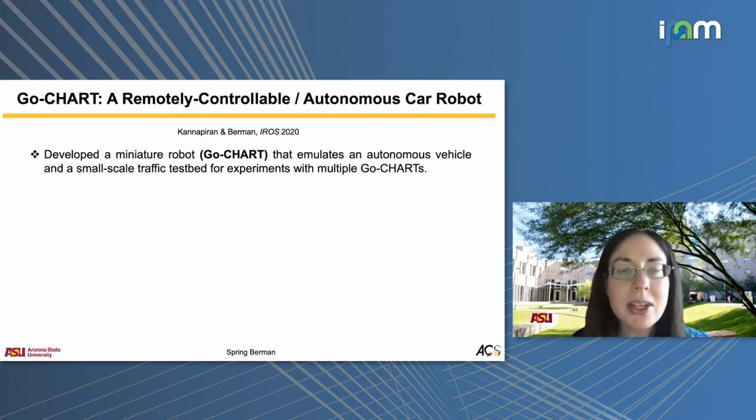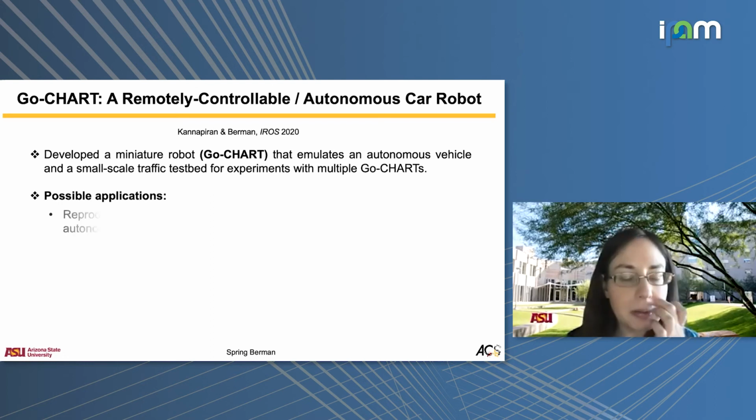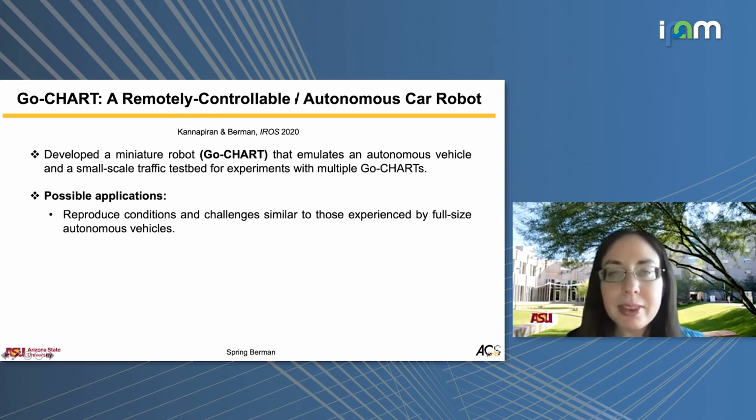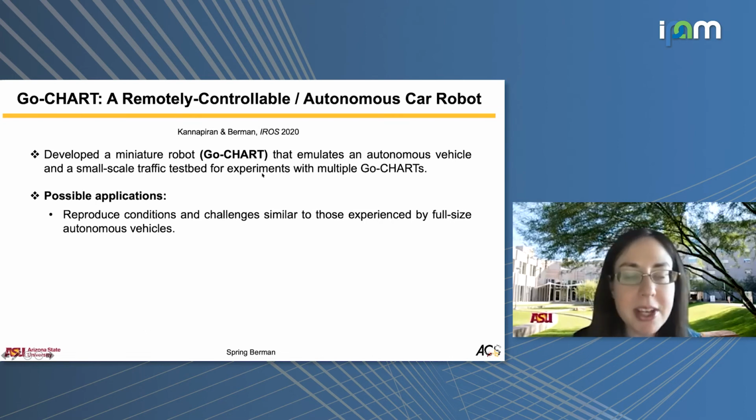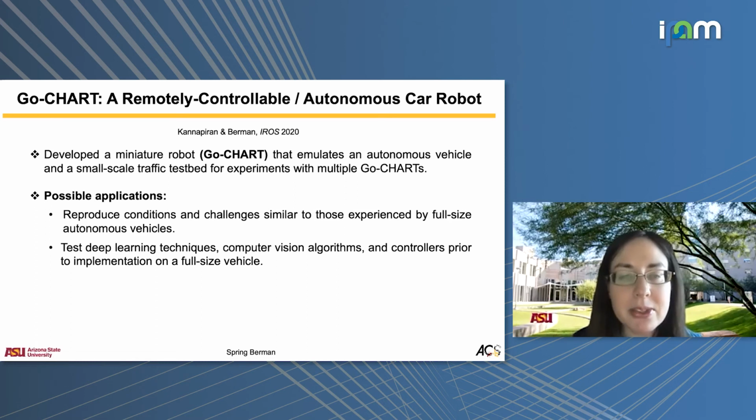So this is what we're thinking of as one platform for obtaining driving data that can be translated into autonomous vehicle control inputs. And another platform is this small-scale driving testbed, which involves a miniature robotic car, which we call Gochart. And the name Chart comes from the center of which I'm an associate director. And it stands for the Center for Human Artificial Intelligence and Robot Teaming.